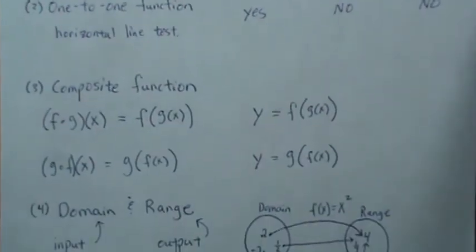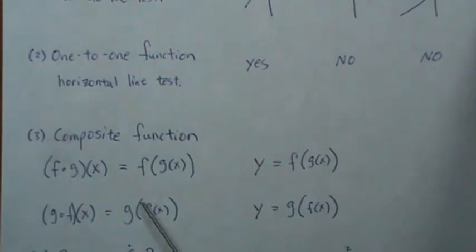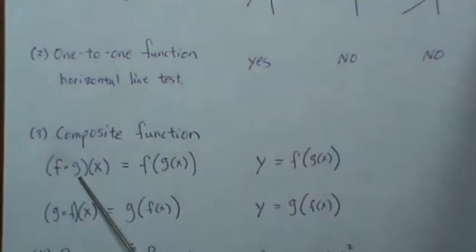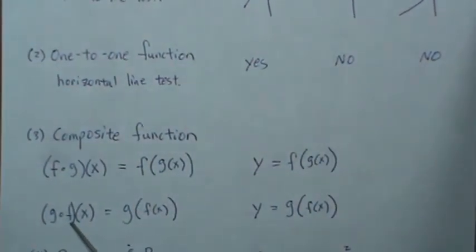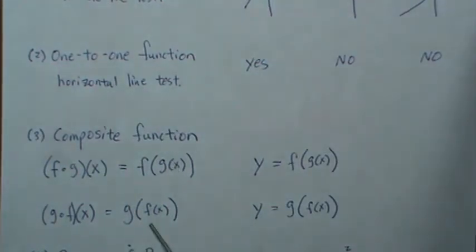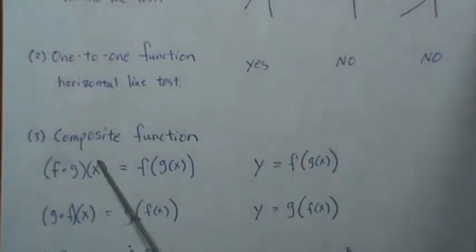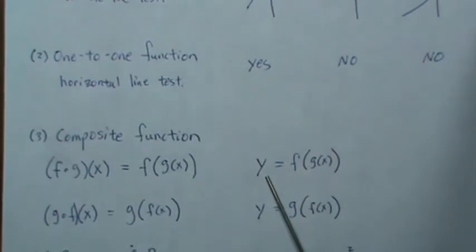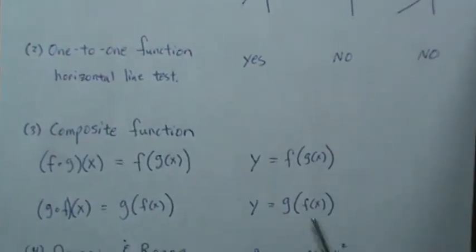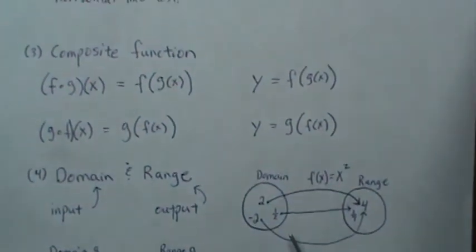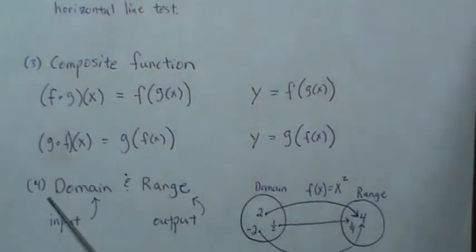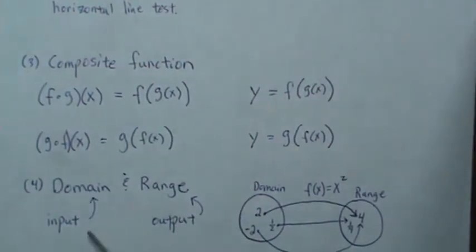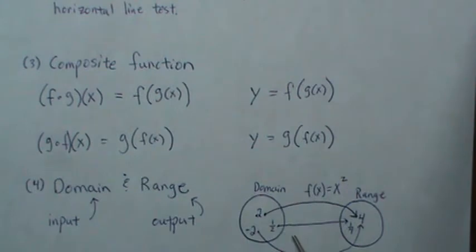Another piece of background information is the composite function, f of g and g of f, and they're defined this way. Sometimes instead of writing this, you can just write it as a y. The next one is domain and range. Domain's the input, range is the output.